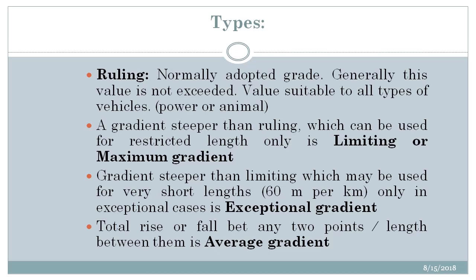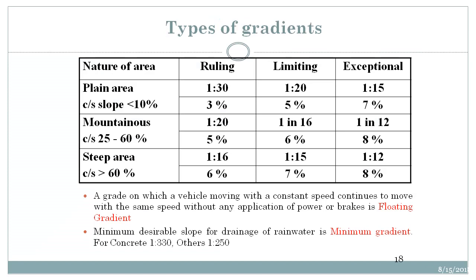Gradient steeper than limiting, which may be used for very short lengths, 60 m per km, only in exceptional cases, is exceptional gradient. Total rise or fall between any 2 points divided by length between them is average gradient. The IRC specification for gradient and different topographical conditions are given in tabular form.